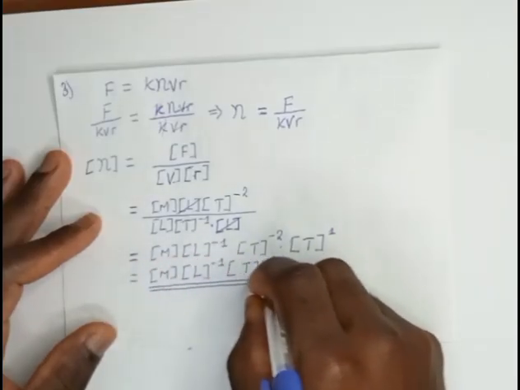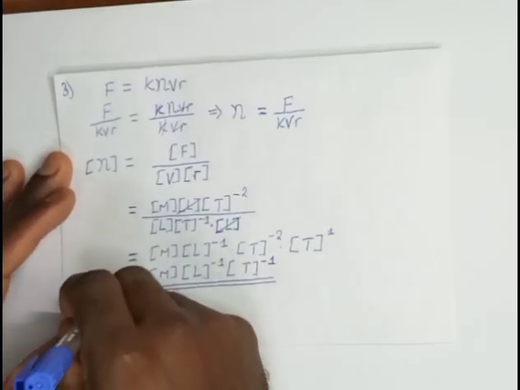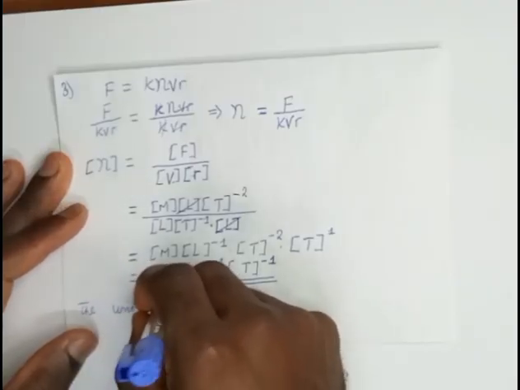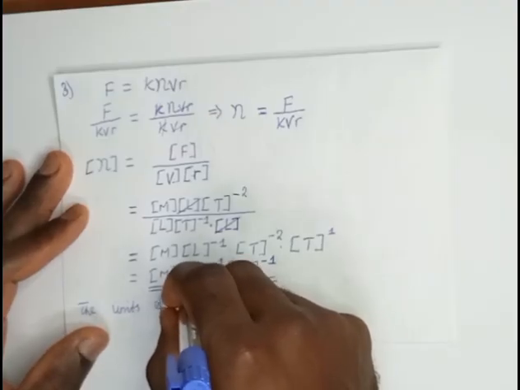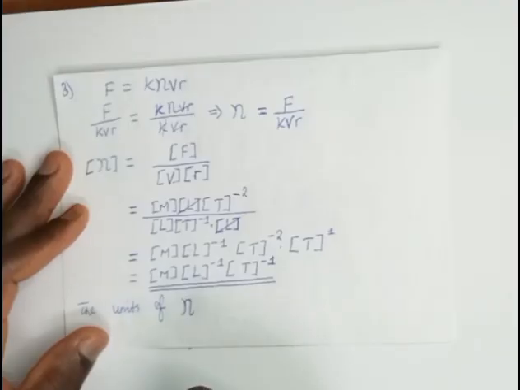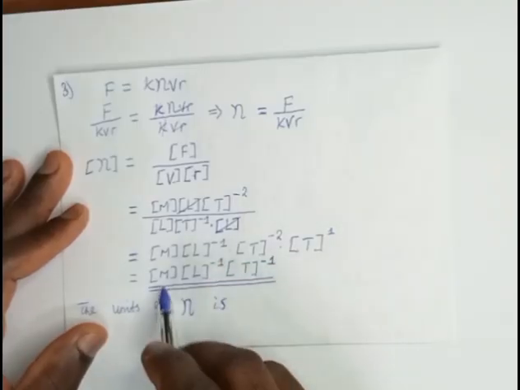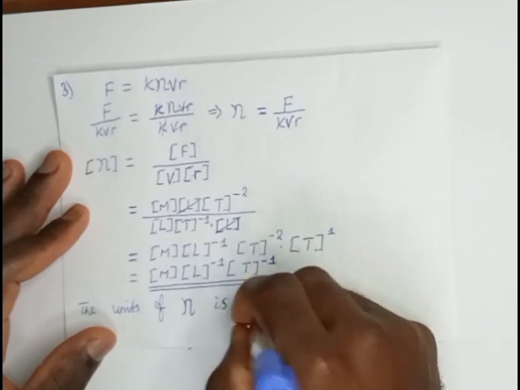Now we can write down the units of eta. Units of eta, the coefficient of viscosity, is we are going to replace M with the unit of mass, which is kilogram.